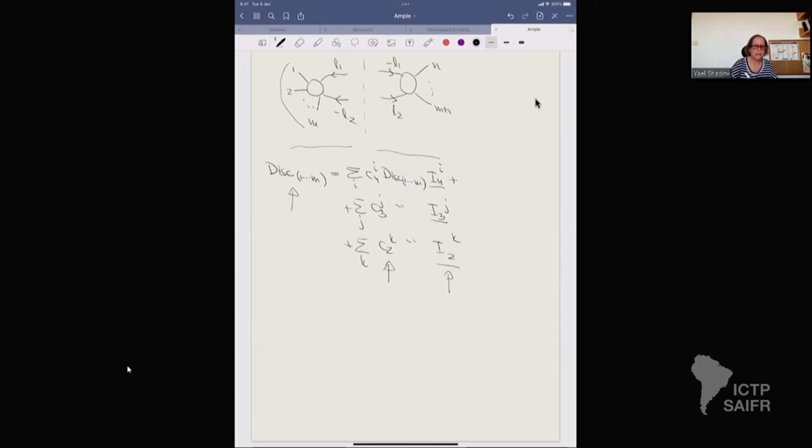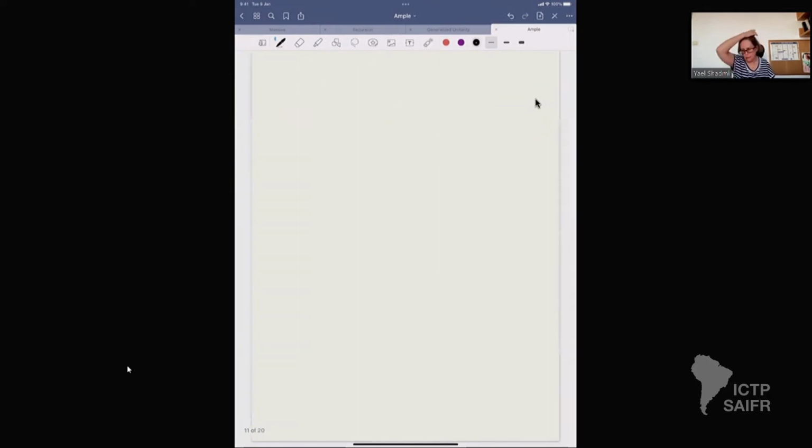So now let's look at the left-hand side here and see how to determine that. That's really the key. So we look at the discontinuity that I'm labeling by 1 to m of this loop amplitude.